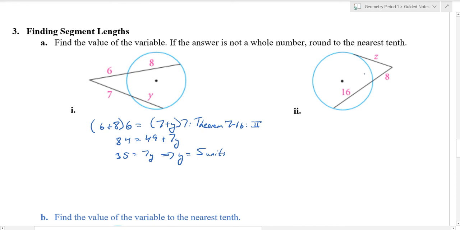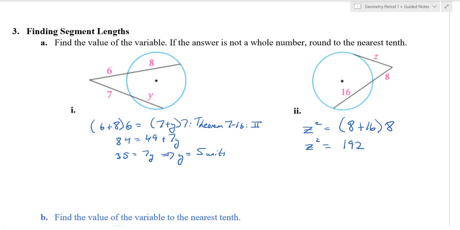So for type 3, we're going to say z squared, I'm just going to put z squared on the left-hand side because that's what we're solving for, equals the quantity of 8 plus 16 times 8, which gives me 192. So z squared is 192.